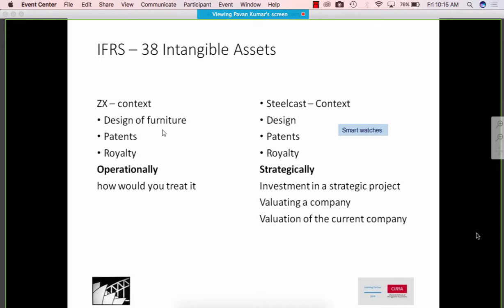If all these things are true, how are you going to treat them in your books of accounts operationally? How will any of the costs related to the design of furniture, patents and royalty be recorded in your books of accounts?